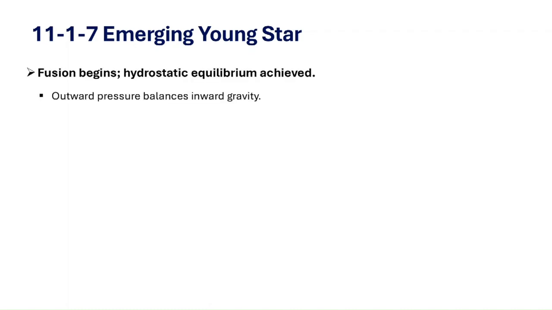So after millions of years of contraction, the core temperature finally hits around 10 million Kelvin, hot enough for hydrogen fusion to begin. And once fusion starts, it produces an outward pressure that perfectly balances the inward pull of gravity. So we call this balance hydrostatic equilibrium.